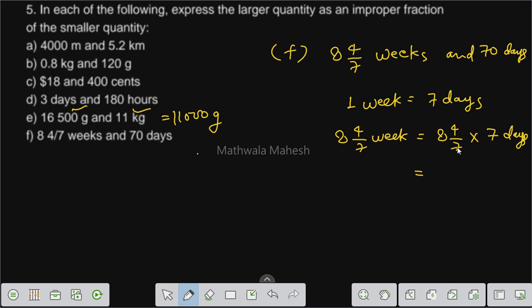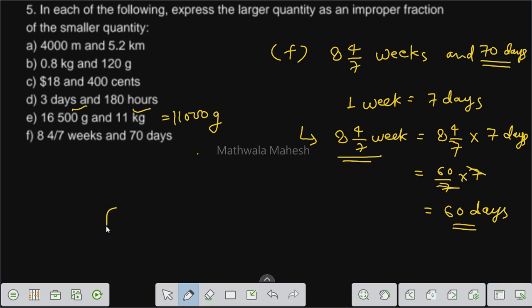And change this one to fraction. 56 plus 4, 60 upon 7, 7 to 7, it means 60 days. Okay, so this means 60 days. So which one is larger? Obviously 70 days.